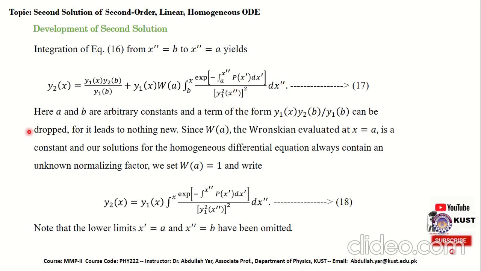In equation number 17, a and b are arbitrary constants, and the first term on the right hand side of equation number 17 can be dropped because it leads to nothing new.